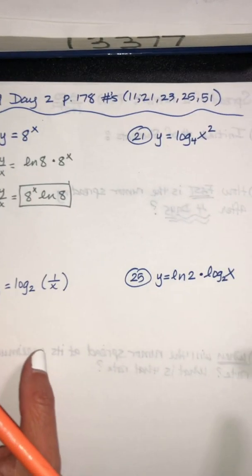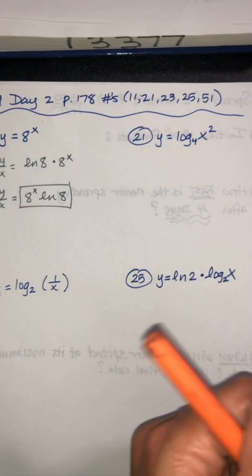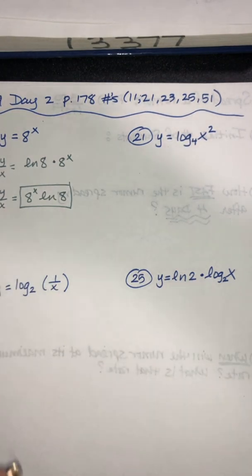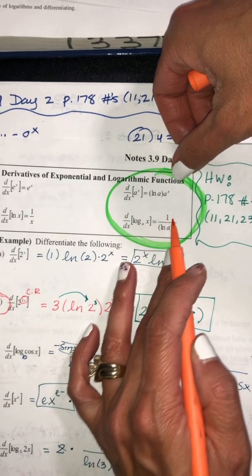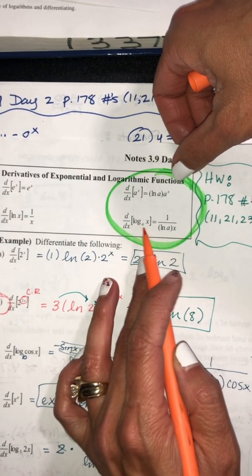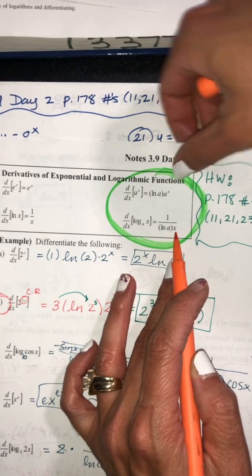Good, that's a little bit brighter now. All right, number 21, y equals log base 4 of x squared. Okay, we've got a log, so we're going to be using this one. The derivative of a log base a of x is going to equal 1 over natural log of a, which is the base, times x.